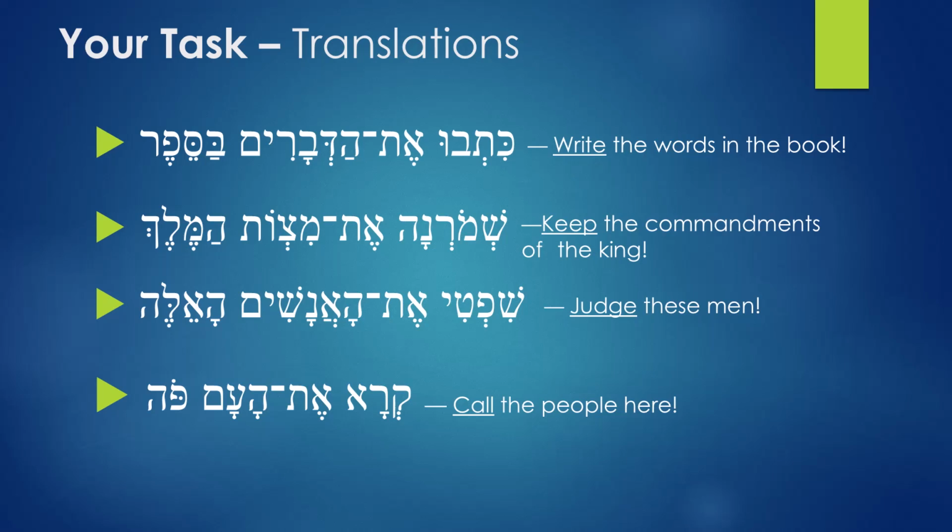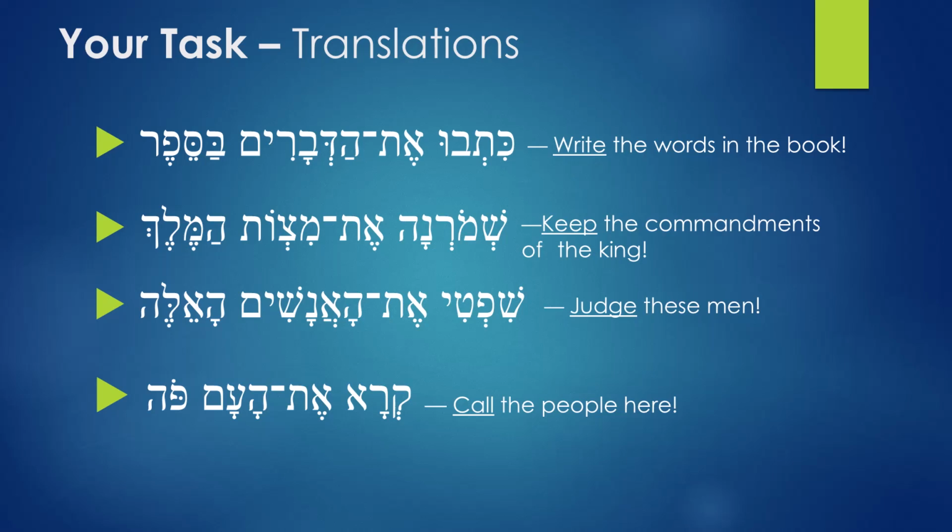What should you keep? Et mitzvot. Mitzvot means commandments. Hamelech. So you have mitzvot hamelech, and this creates a construct relationship. Mitzvot is in the construct form, and hamelech is absolute. So you have commandments of the king. So keep the commandments of the king.